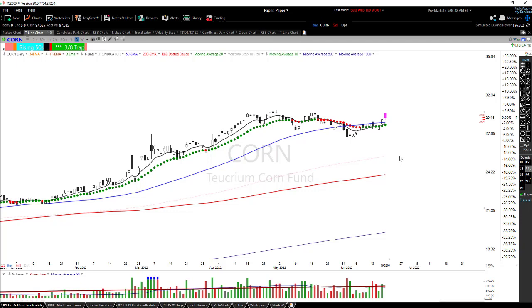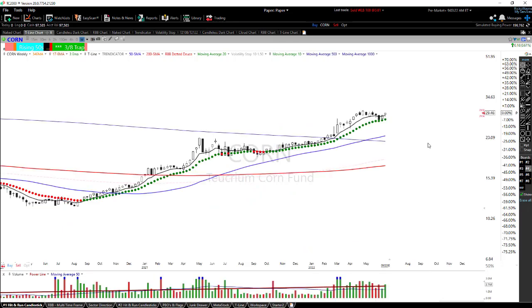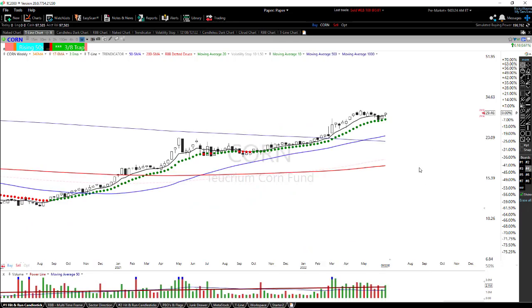And what I like most about corn is the weekly chart. I mentioned a J-hook continuation pattern a little bit. This is a bullish J-hook continuation pattern right here. And that is simply a rally up, a pullback, and then we come back.